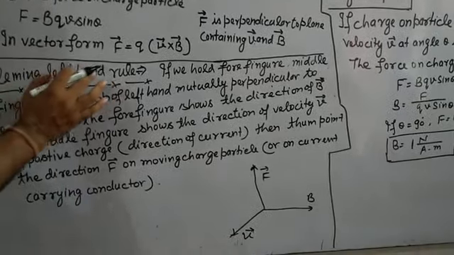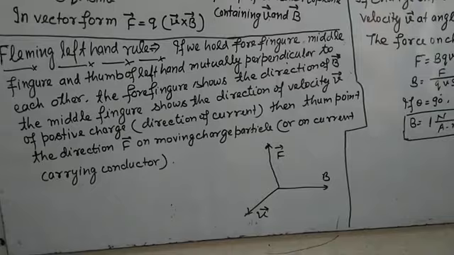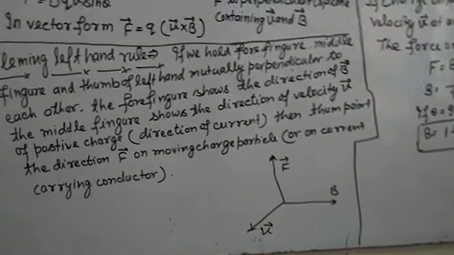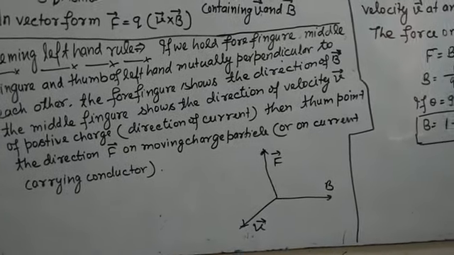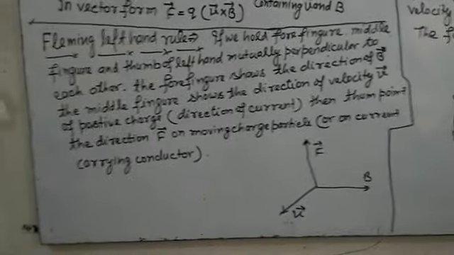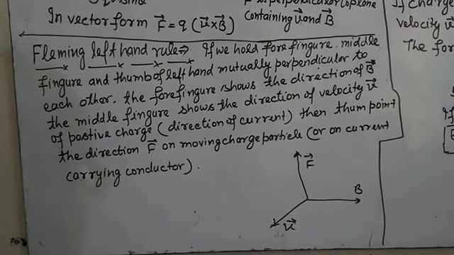Fleming's left hand rule. This rule explains the direction of the force on a moving positive charged particle in a magnetic field, or the force on a current carrying conductor.